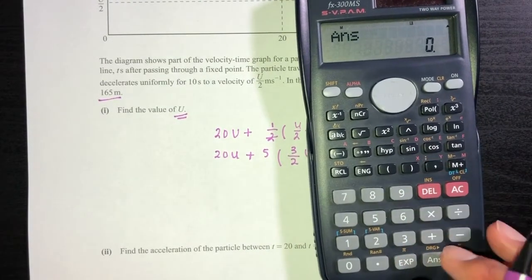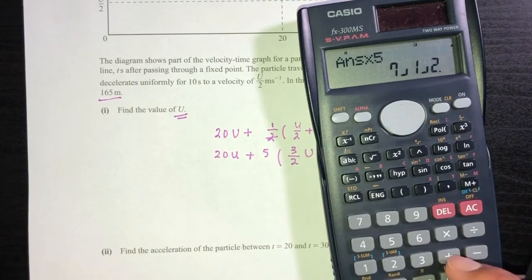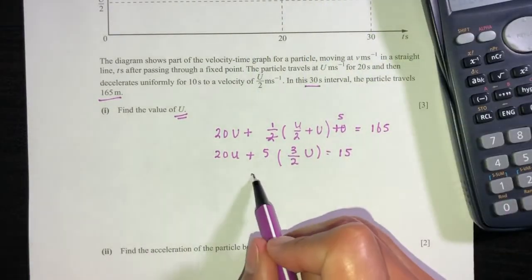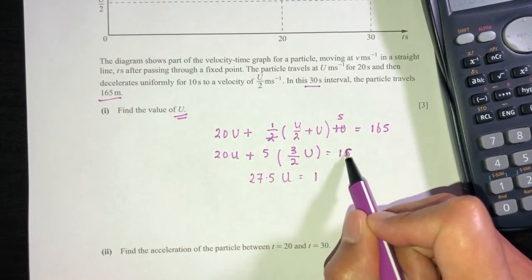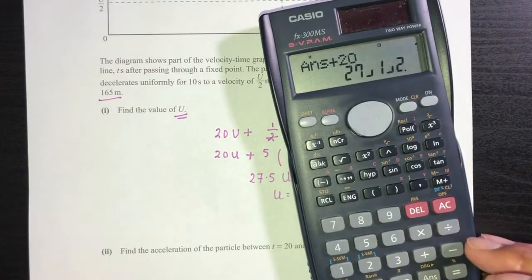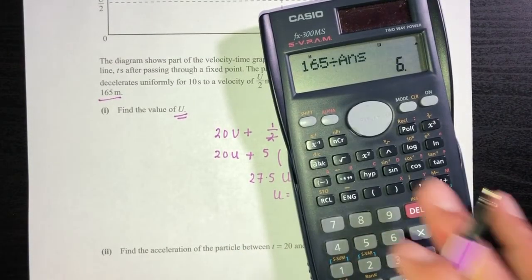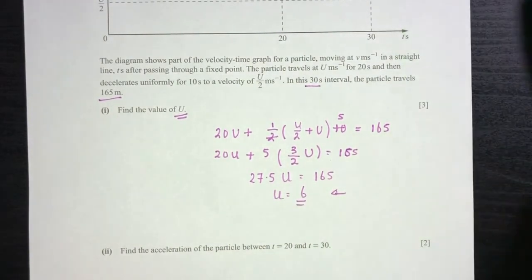So this, we have to times 5. 7.5 plus 20, that will be 27.5 u equal to 165. So u will be 165 divided by 27.5, that will be 6. So the value of u will be 6.